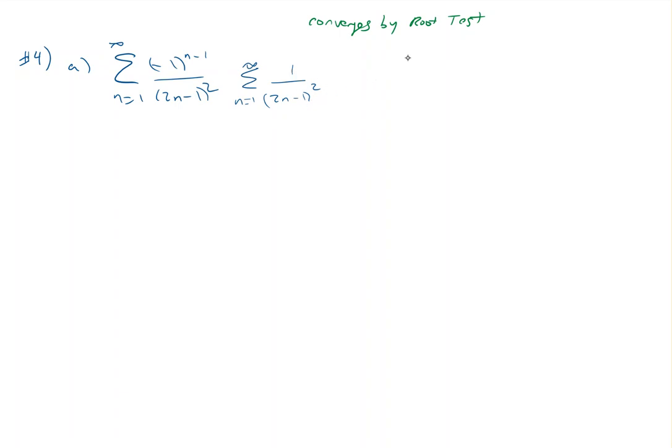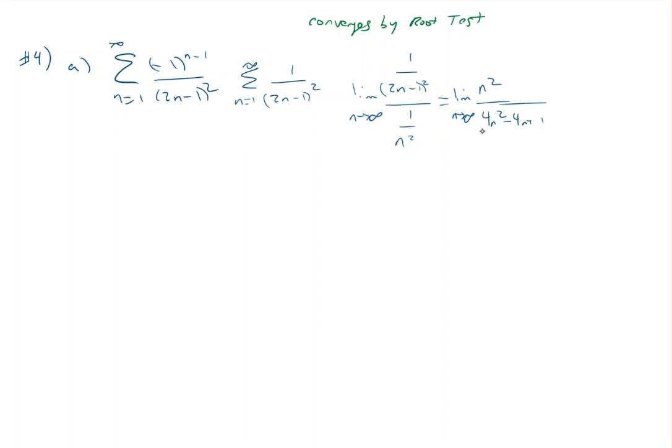Kind of feels like 1 over n squared, right? Feels like 1 over n squared. So we can write this all out. We're going to get 4n squared minus 4n plus 1. And it really doesn't matter, right?